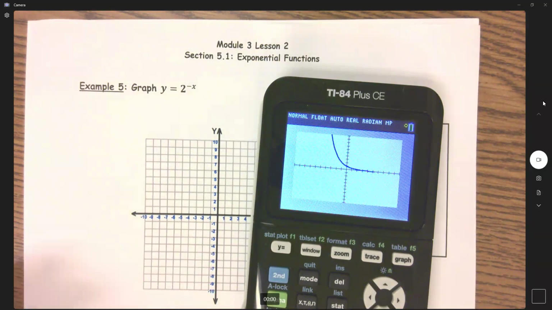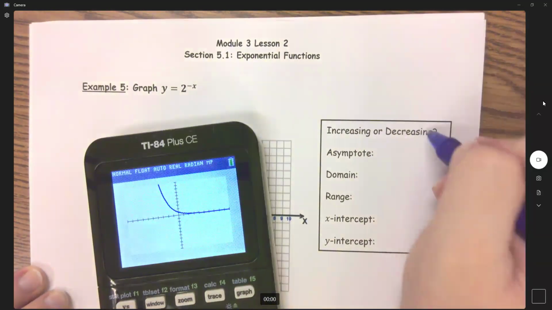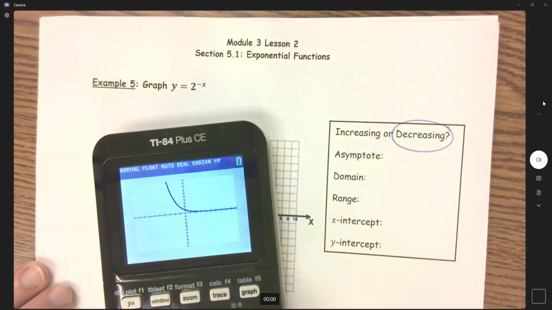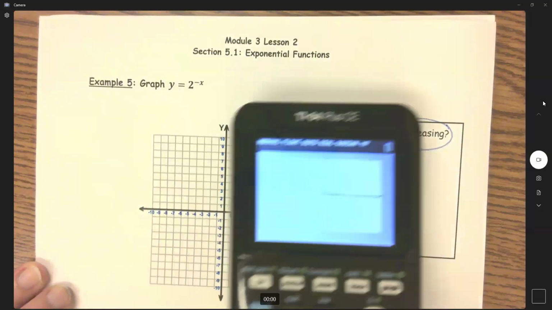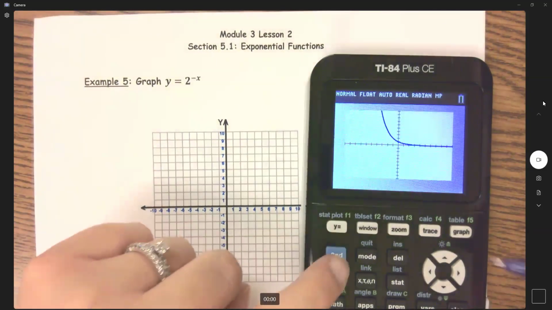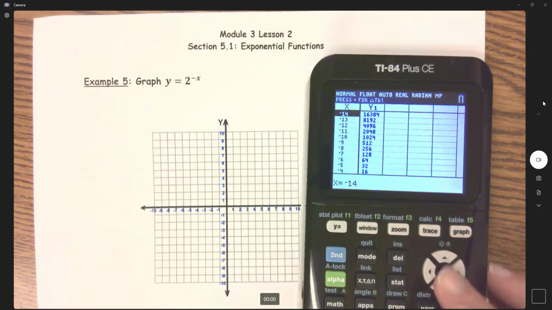So here we can see we have a decreasing graph. And so let's get our table of values. So second table. And the first one I can fit on here is this negative 3 to 8.